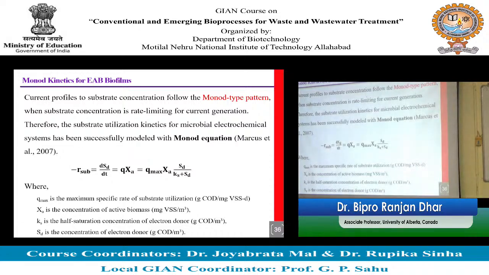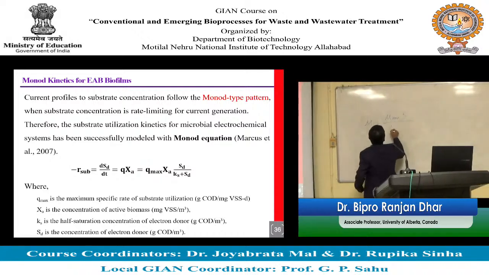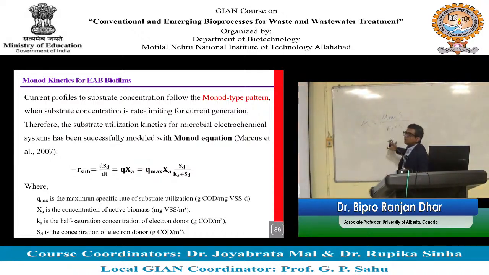So this is the Monod equation. If you remember, mu max, S over Ks plus S. This equation is saying that when substrate concentration is limiting, with an increase in substrate concentration, growth is going to increase. The graph looks like this, mu versus S, and at a certain substrate concentration, growth reaches a maximum. That's the Monod equation.